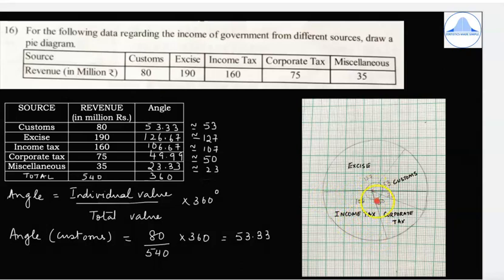Next, keep the protractor on this line and then mark the angle as 50 and the sector details as corporate tax. Next, whatever is remaining over here, so when you keep the scale here, the next angle which is remaining will be 23 degrees, and this you can mark it as miscellaneous.